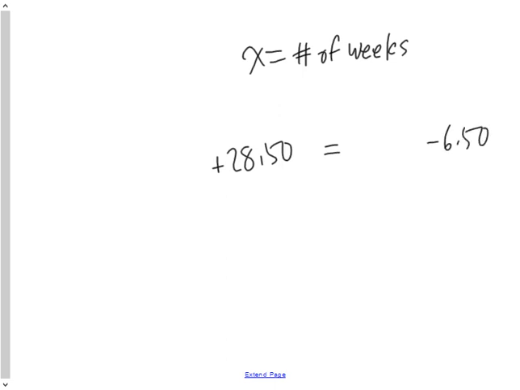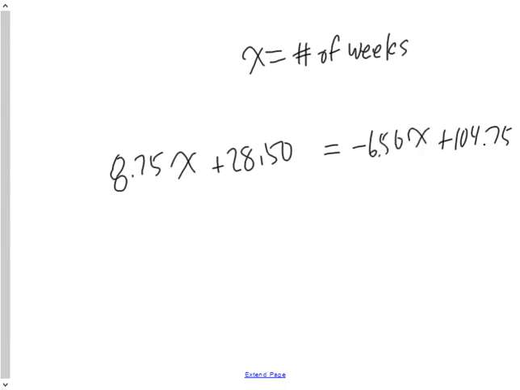And the constant on the other side is what Beth now has, $104.75. Atu is saving $8.75 a week, which means a positive $8.75 multiplied by the number of weeks. And the other one is spending $6.50 a week for x number of weeks.